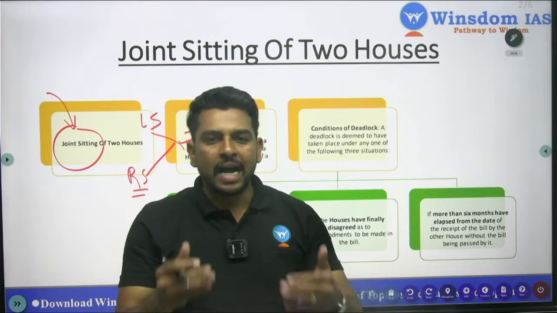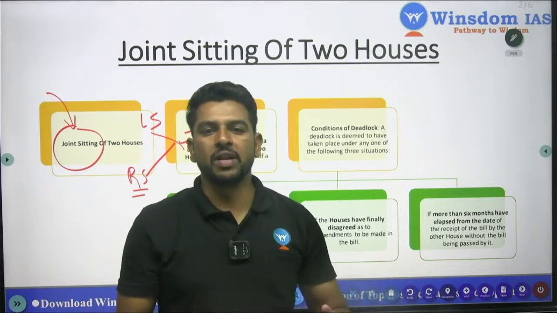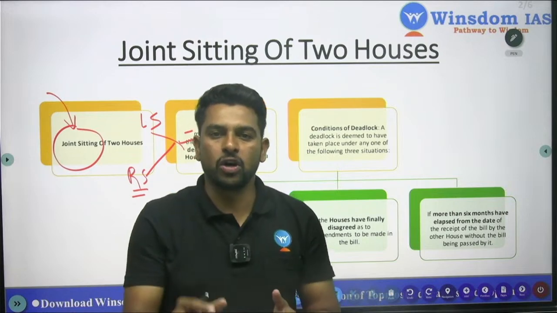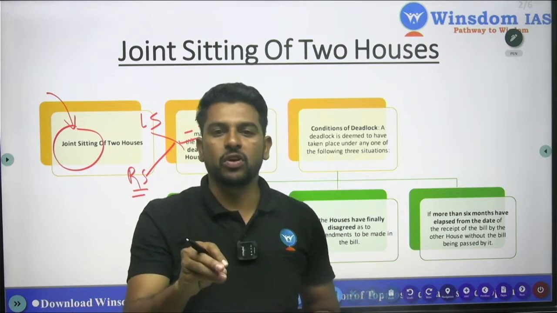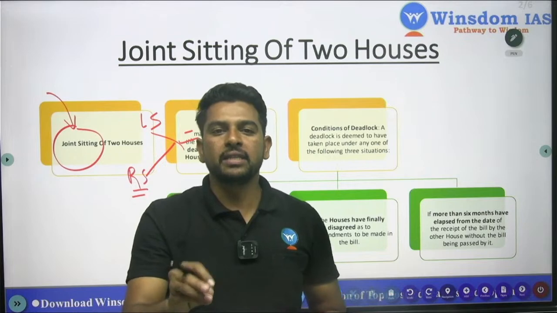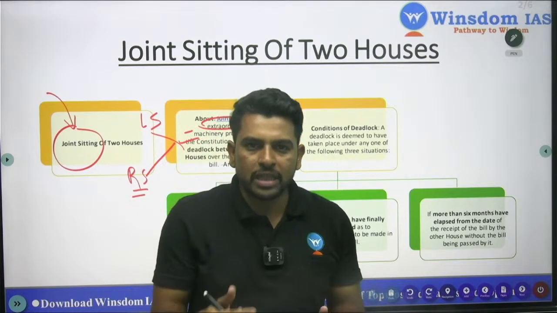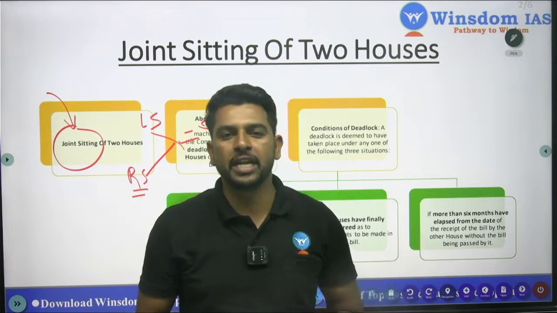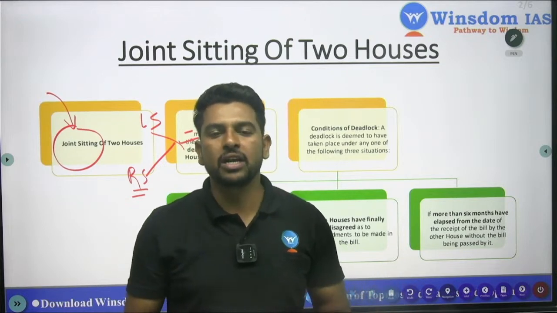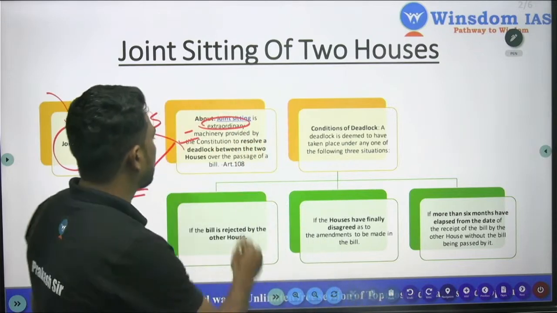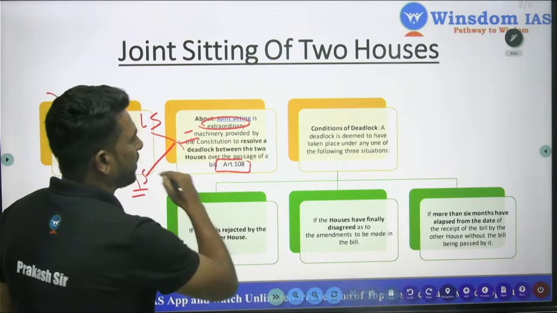If either house rejects the bill, or if both houses are not coming to agreement on a particular point, then there may be a deadlock. To resolve the deadlock, there is a provision in the Indian Constitution, that is Article 108. We will discuss that in detail. So here is Article 108.